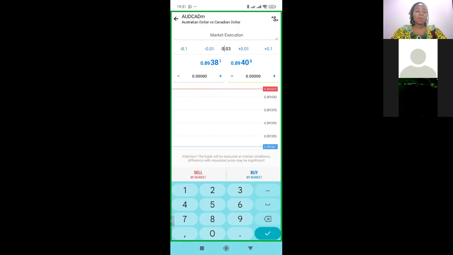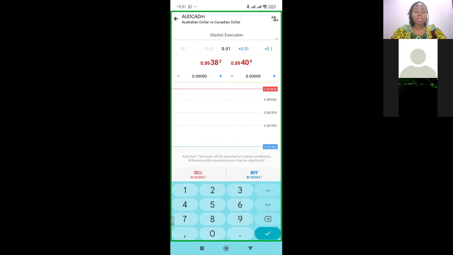And then let's say I want to take a higher lot size, let's say 0.15, for instance. I can either type it out or simply click 0.1 and then do this. If I want to return to 0.01, I can just type out 0.01 and take my trade.